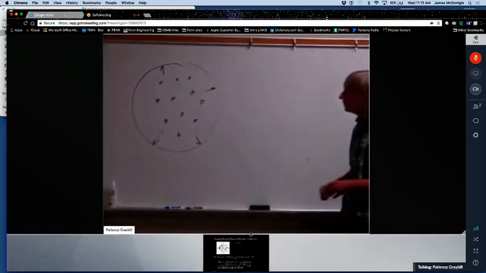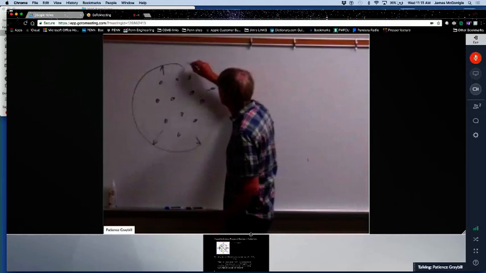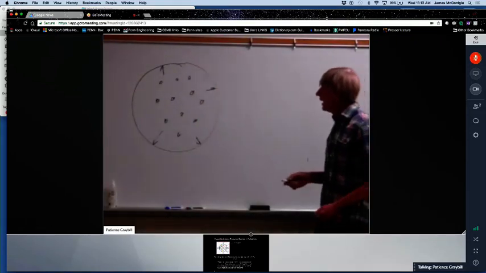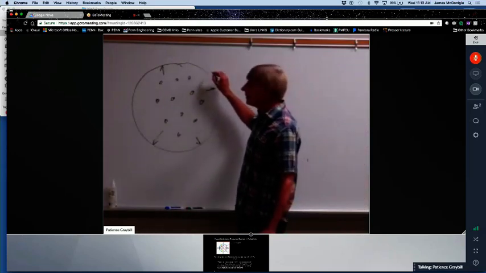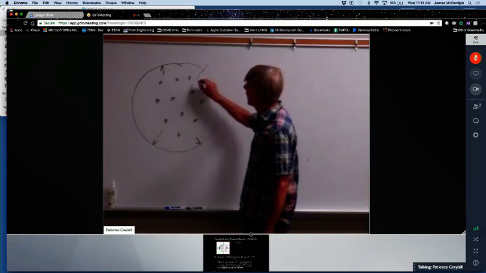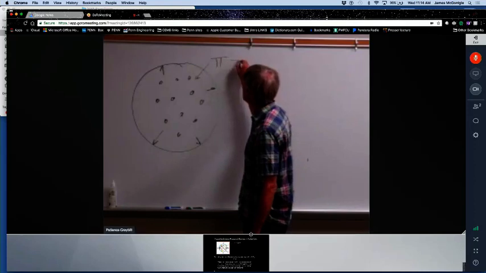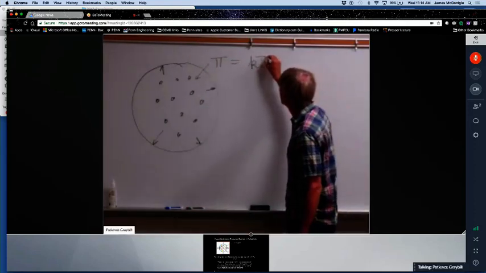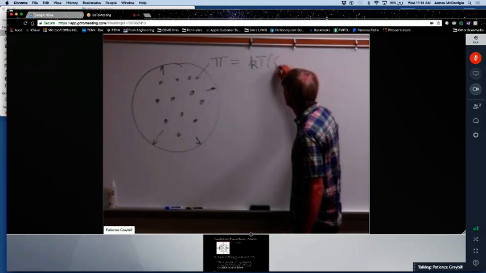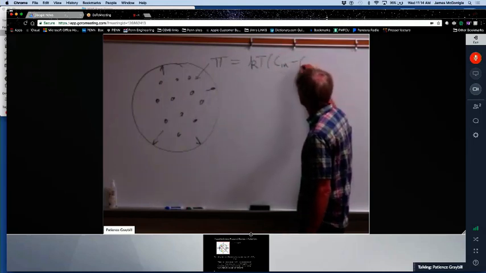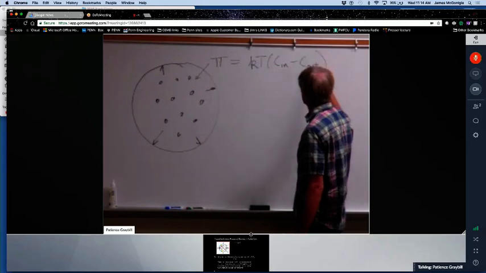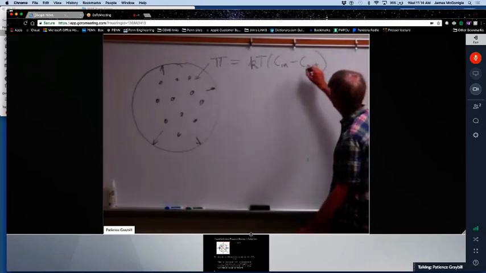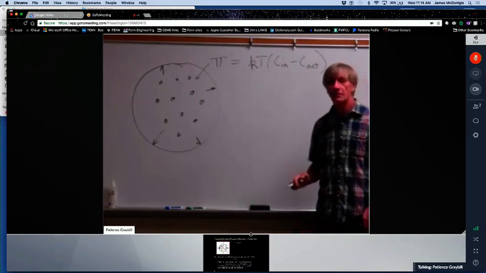Sometimes there's both a membrane and a cell wall on the outside, which allows it to support a much greater pressure. And so we'll call this pi. And the formula for pi is that it's equal to kT again, times the concentration on the inside minus the concentration on the outside. Now what I've drawn here is the concentration on the outside is 0.